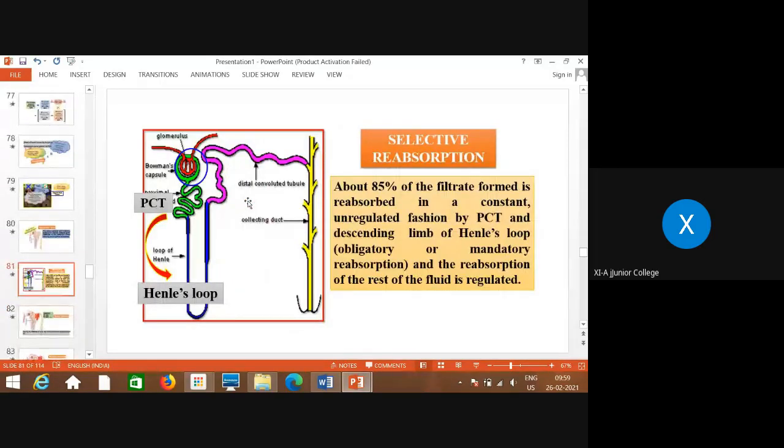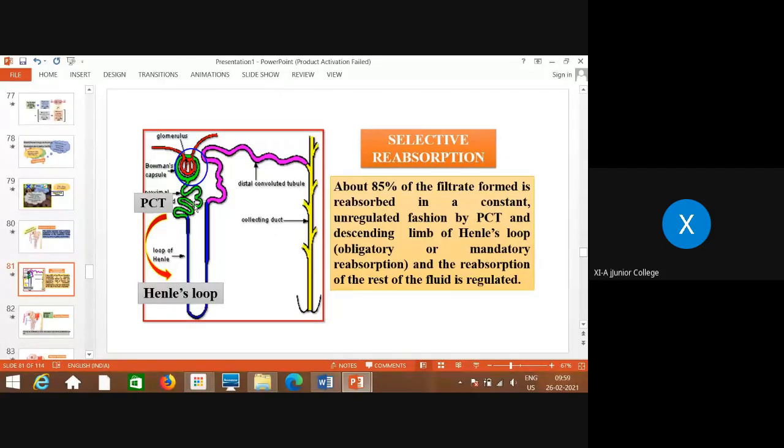Then in selective reabsorption, you can see this highly coiled structure of the PCT. So the flow of filtrate becomes very slow, and during that time, as the epithelial cells show the presence of microvilli, these microvilli increase the area of absorption.